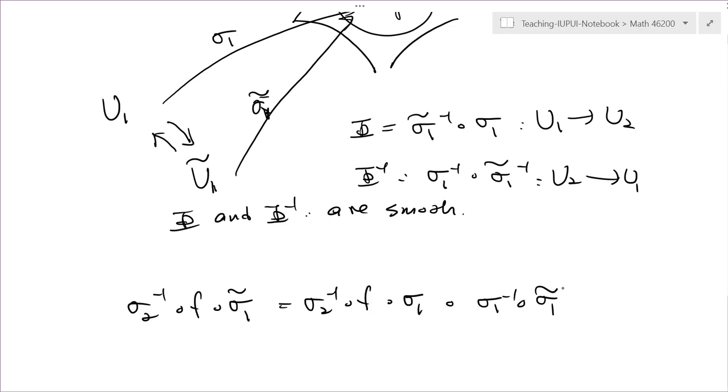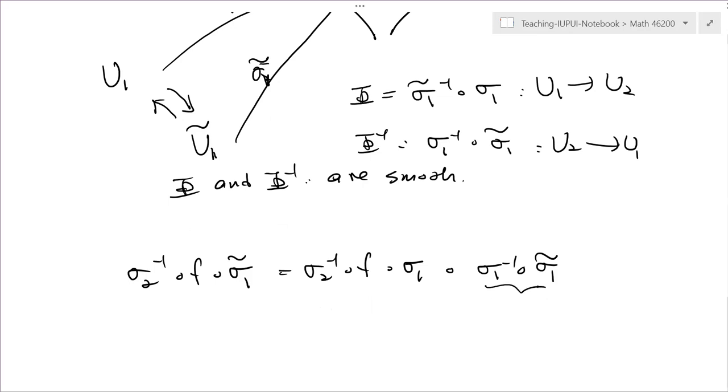According to our notation, this is just the inverse function.